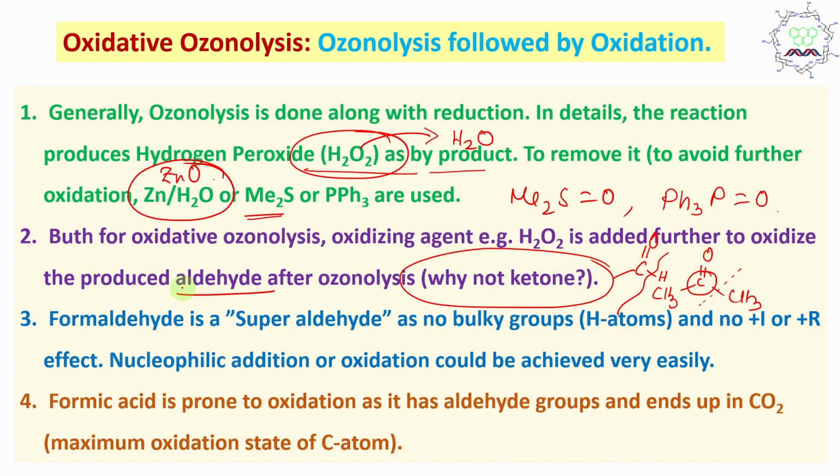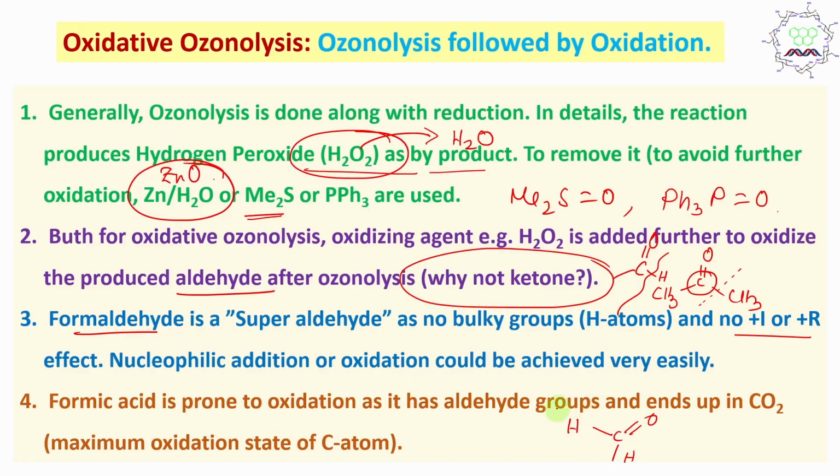And if you look at the third point, formaldehyde is actually a superaldehyde. Why? Because in formaldehyde, both are hydrogen atoms, so no +I groups are available. So the carbonyl carbon is significantly electron deficient, or electrophilic.